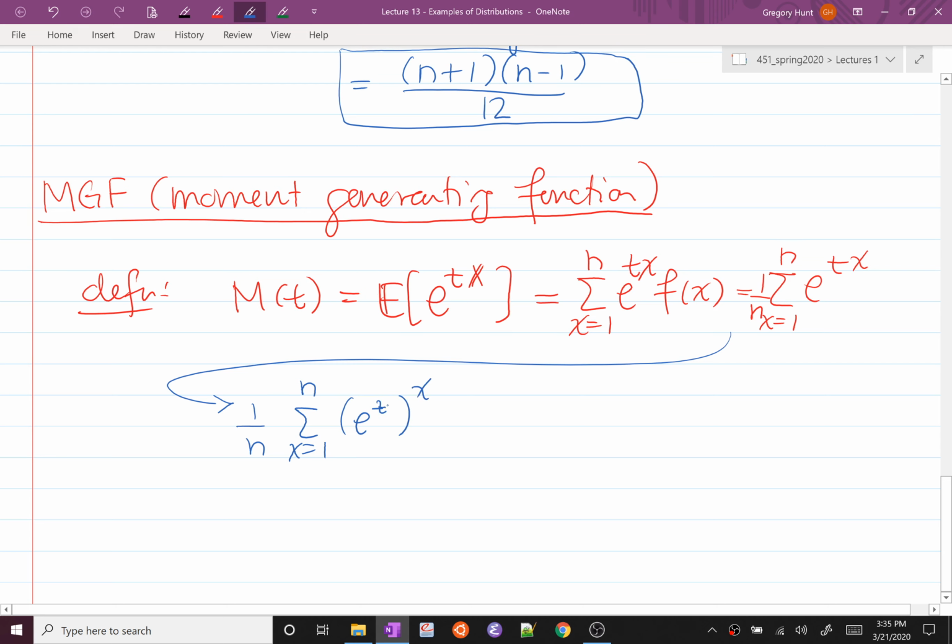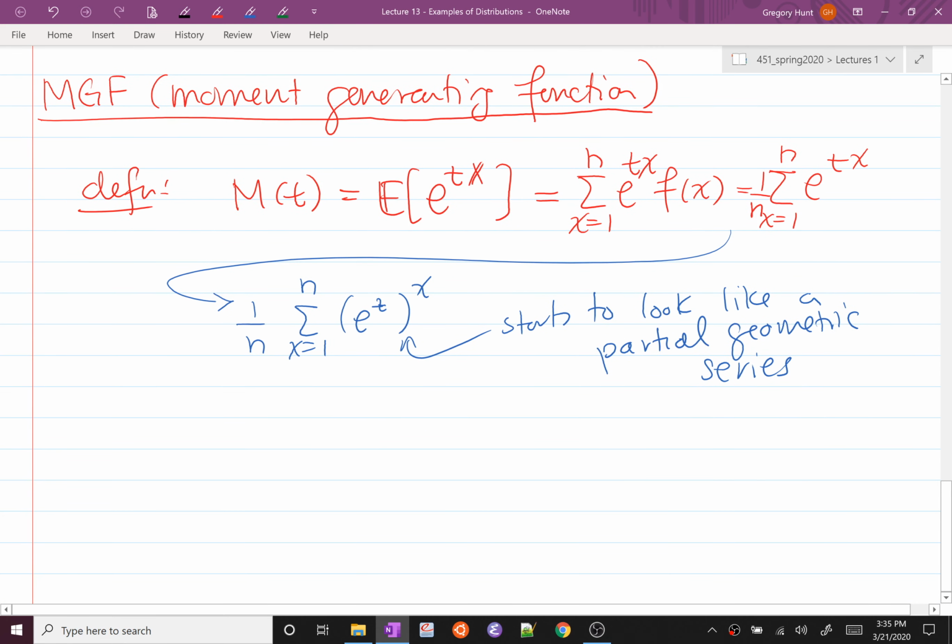So just rewriting what I have, e to the tx. And what this starts to look like is a partial geometric series. And indeed, that's the way you can simplify this.